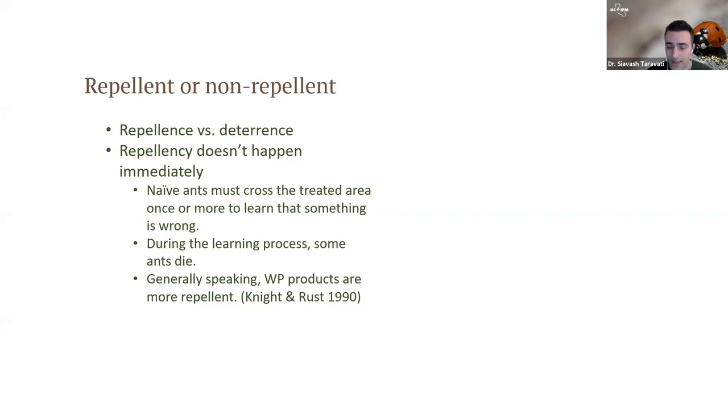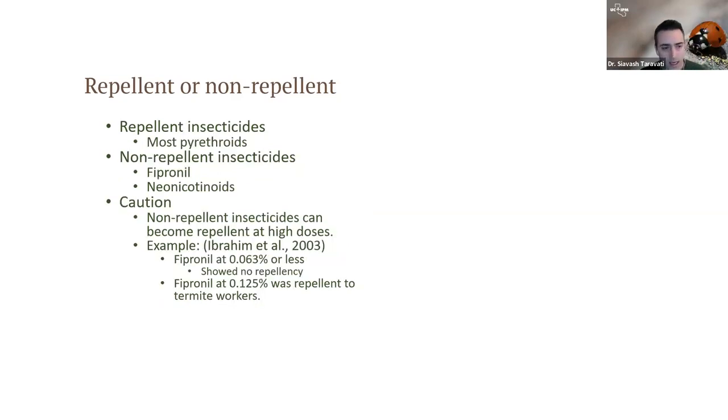And in the process, some or many of them die. But then after some time, they realize that there's something wrong here and avoid it. It's very good if you want to keep pests away from the structure. You need to use the right product.